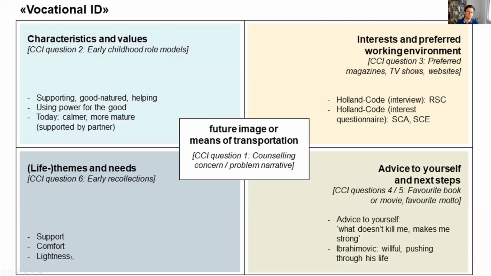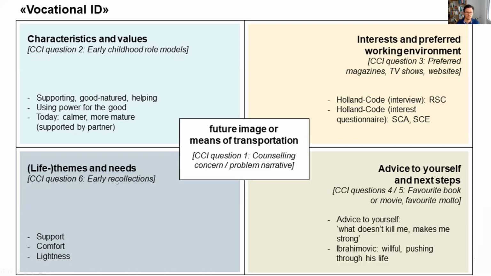And one of his third theme or need is lightness. And he explained that sometimes he took it too easy and sometimes he took it too hard in the past. So lightness is quite an important theme for him.